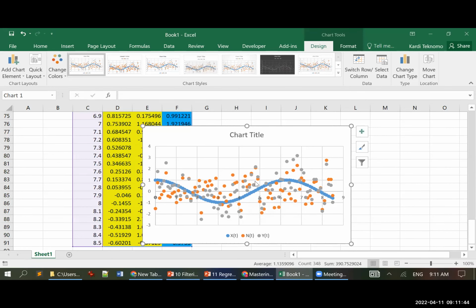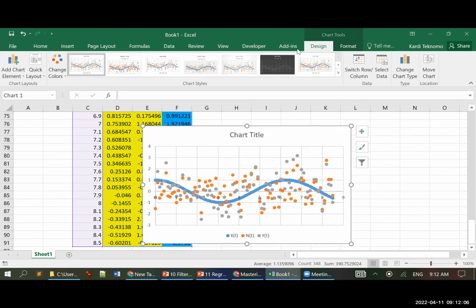You see the cosine, right? And the orange one is the noise, and the y is the one that we want, which is the data point.